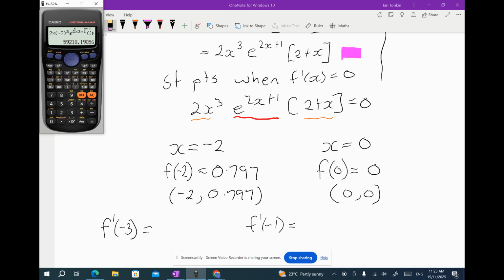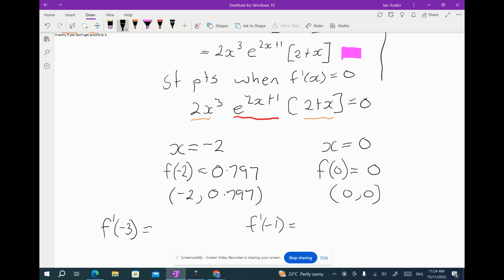Righto. Holy dooly, that's not right. I've done something wrong there. 2 times negative 3 cubed. Oh, I haven't got a negative with the 3 and the e. That should have a negative in there. Okay, that sounds a little better. 0.36.